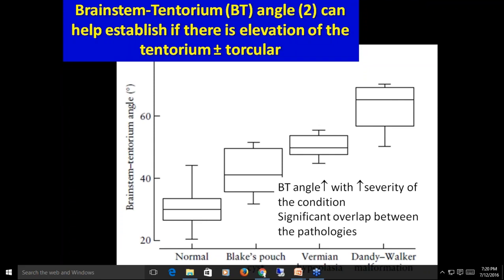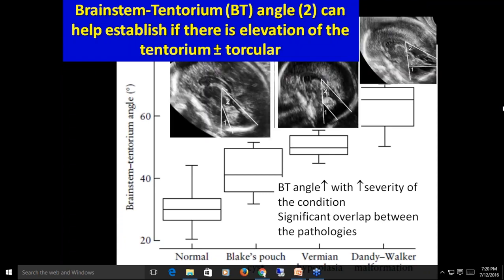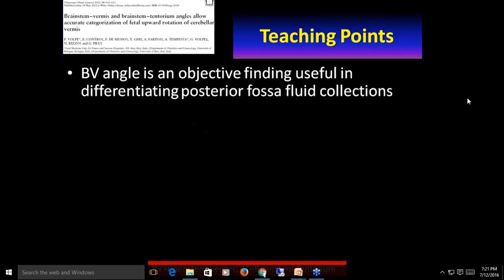The brainstem tentorium angle can help establish if there is elevation of the tentorium and torcular. The BT angle, similarly to the BV angle, increases with the severity of the condition. However, there is significant overlap between the pathologies when using this angle.